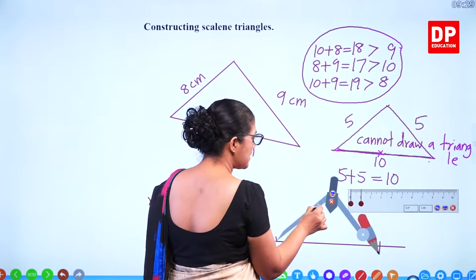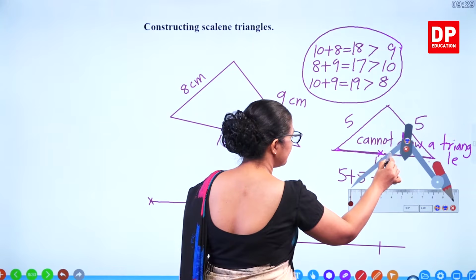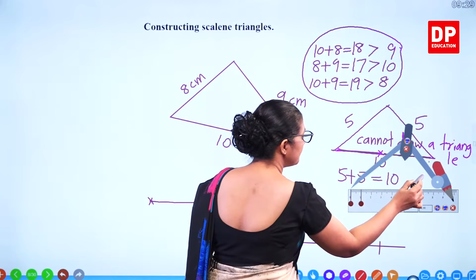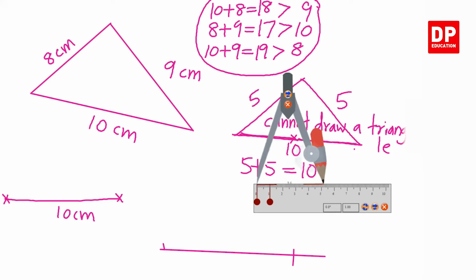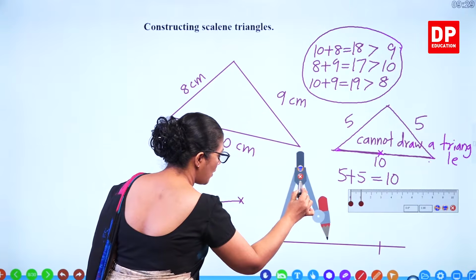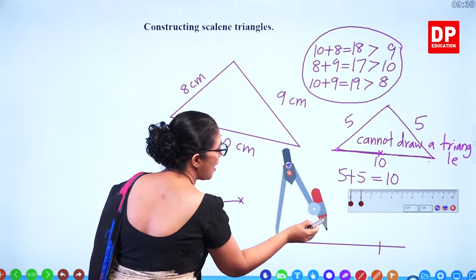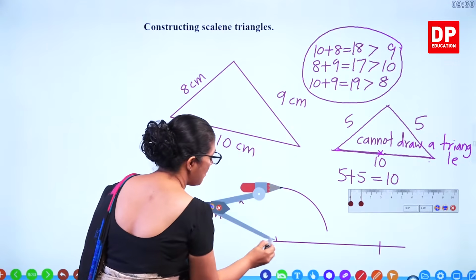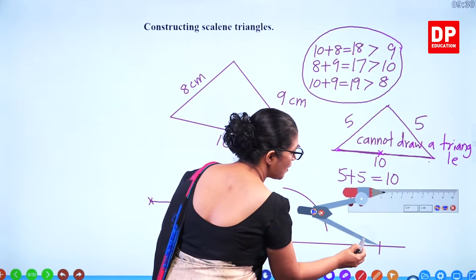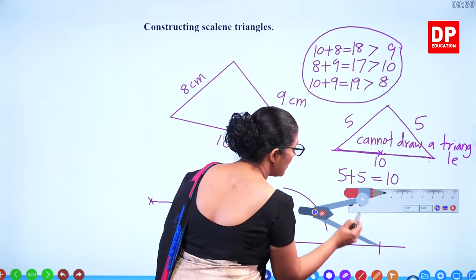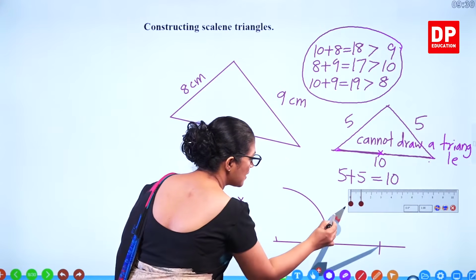Now take 5 centimeter length and we'll try to draw the other point. So now we can draw the arc here and same length here. So we'll try to draw the other arc and see whether it's intersecting.